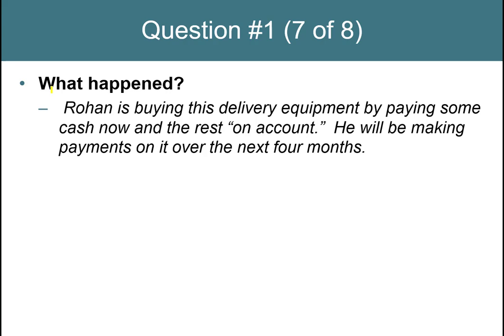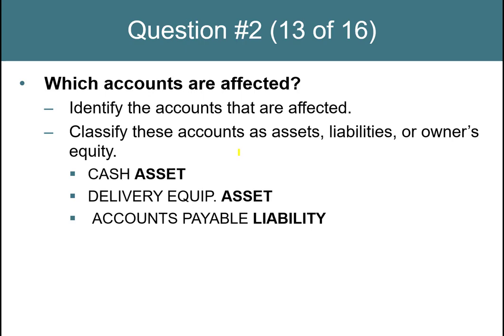He will be making payment on it over the next 4 months. So the remaining 1,200 will be paid to the supplier in a 4 month period. There are three accounts affected here: cash, delivery equipment, and accounts payable.